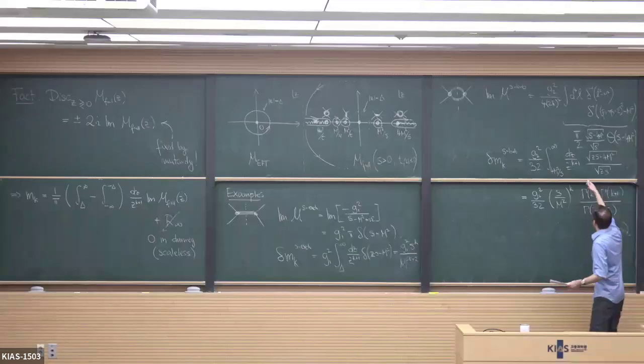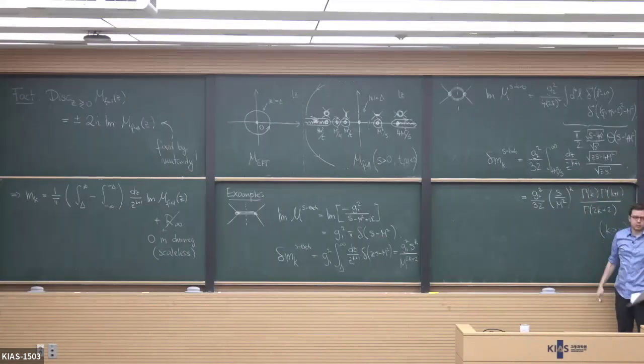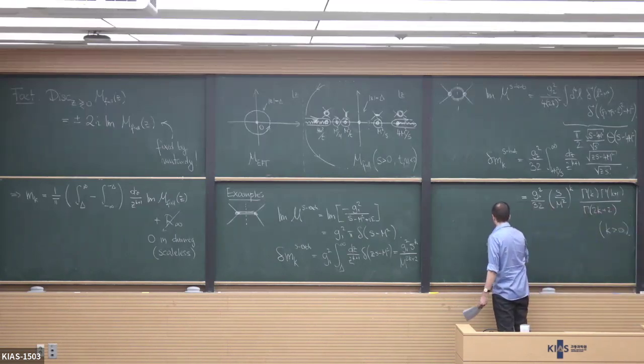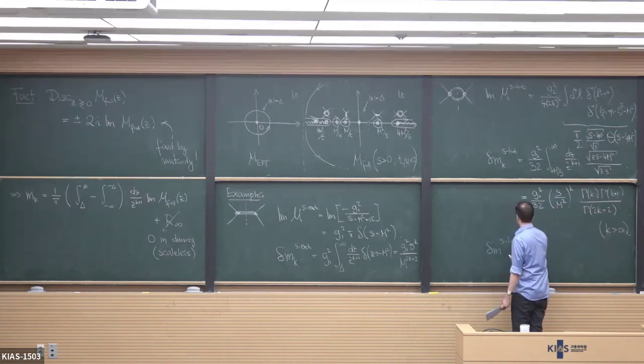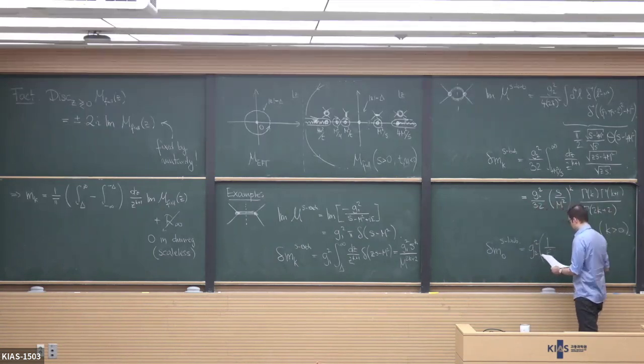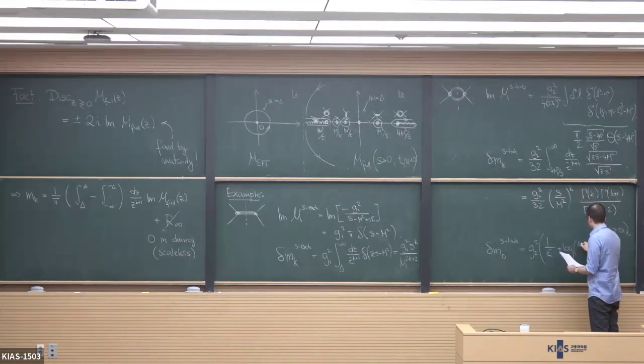And it's easy to understand why. It's because this integral is actually divergent, right? So that means that in the special case of k equals 0, you need to use dimreg, and this for a good reason. And then if you computed this in dimreg, you would get something like 1 over epsilon plus a log, and so on.